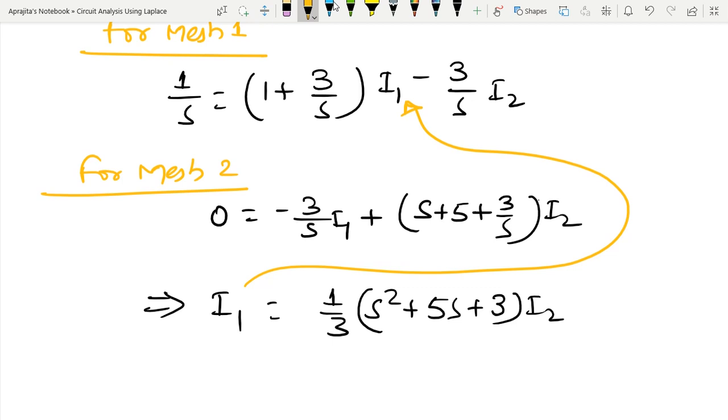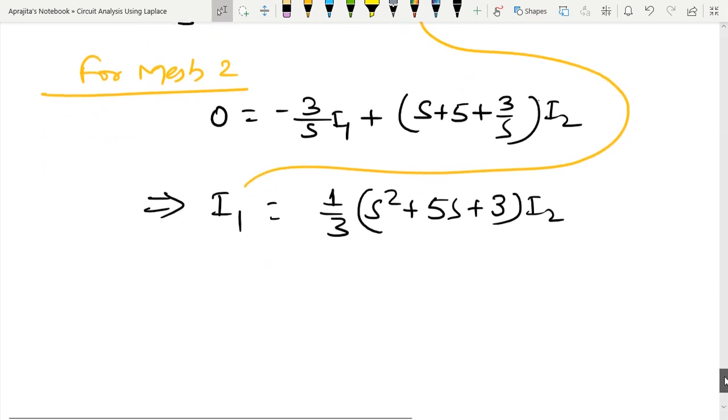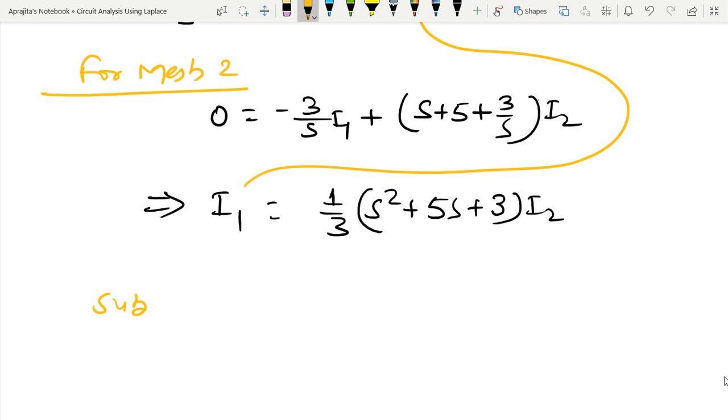Then it is possible to see it like this. I have already said I am substituting I1 there, so I am not going to write this step.